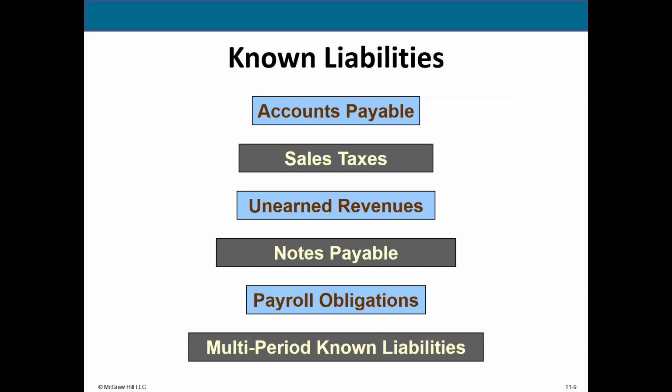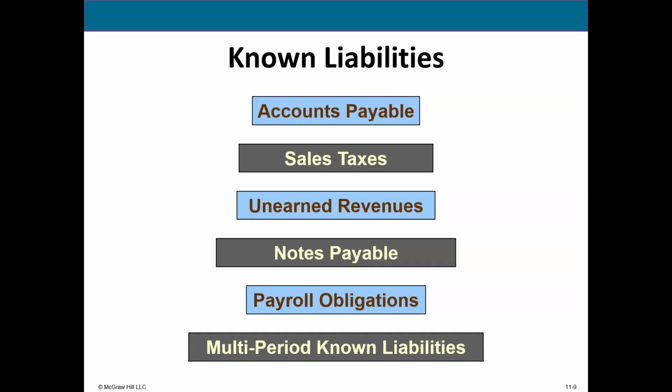It's a liability. Unearned revenue, that's when a customer has paid me before I have delivered the good or the service. That's called unearned revenue. It becomes earned revenue when we deliver the good or the service. So therefore, it's a liability to the company. Notes payable, these are the same things as loans from the bank.